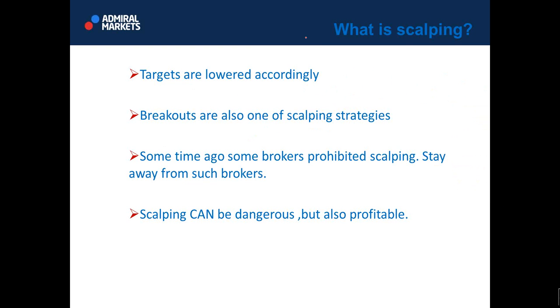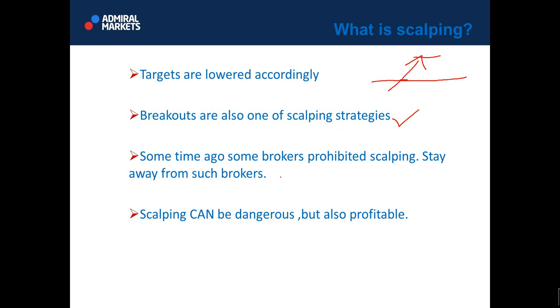We take only a small amount from the market. But breakouts are also one of the scalping strategies, because mostly breakouts concentrate on taking 10, 15 pips, or if you do a trigger happy breakout, then you usually will make anywhere from 5 to 10 pips.